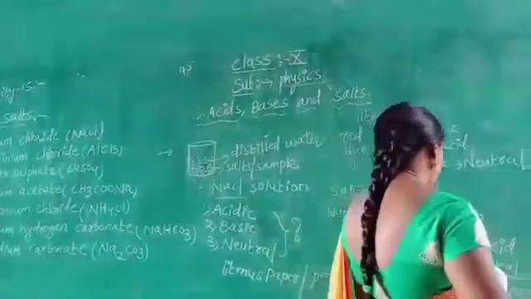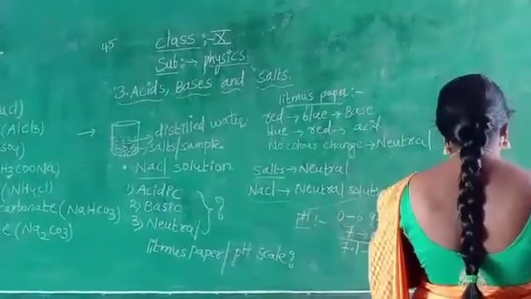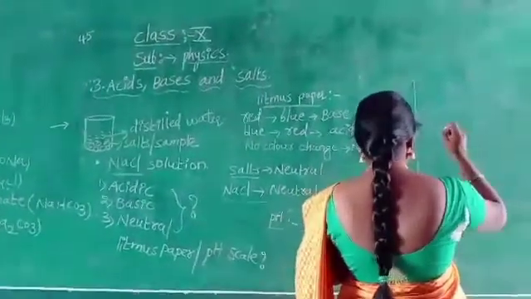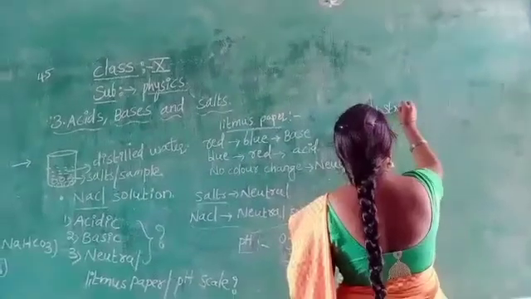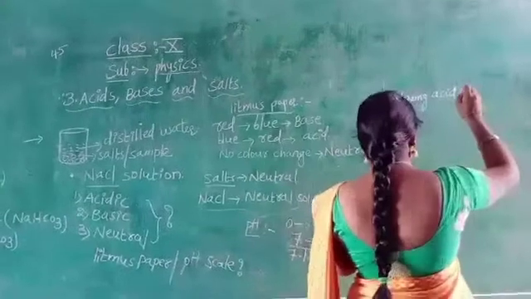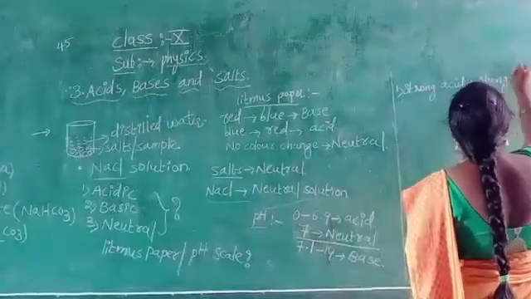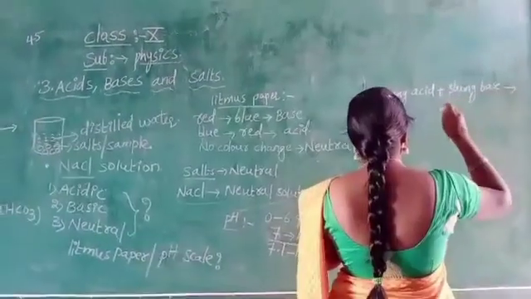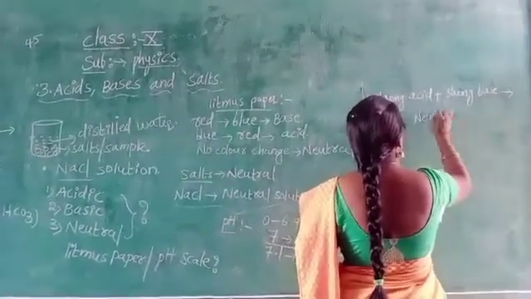Next topic we are going to discuss is the pH of a salt. First, this is very important. Children, if a strong acid reacts with a strong base, it gives a neutral solution.